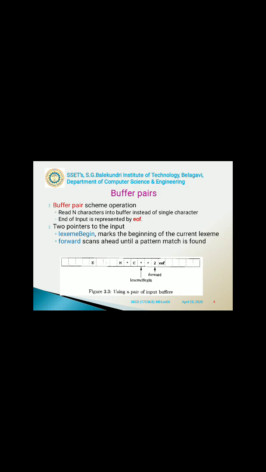The forward is pointing at 2, but it retracts one character to the left, so it takes only star star as the lexeme. Once it gets the lexeme star star, it realizes that it is a token of an exponential symbol. Like that, every time the two pointers, lexeme begin and forward, are worked.